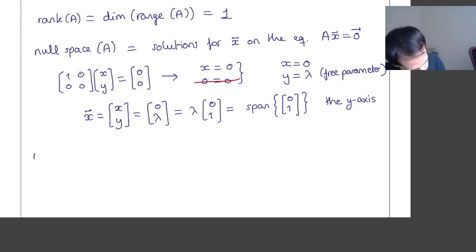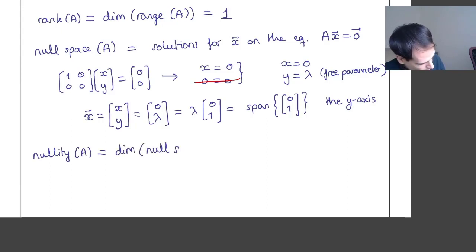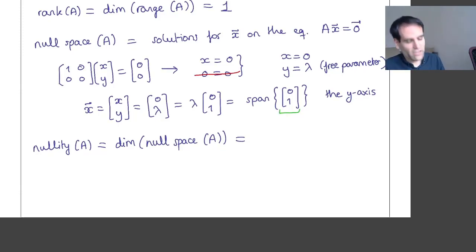What is the nullity of A? It is equal to the dimension of the null space of A. So what is the dimension of this line? Well, it's written as the span of one single vector, therefore it's one-dimensional. So the nullity is 1.